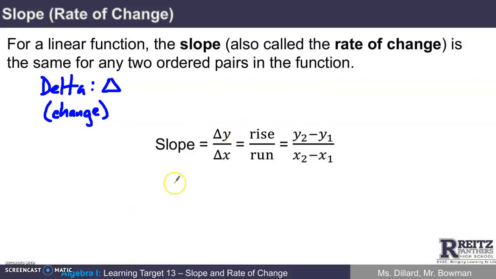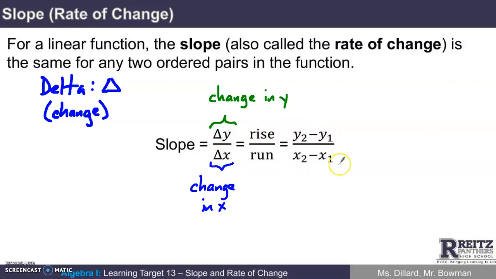So when I talk about delta x, I mean the change in x. How much does x change by from point to point? When I talk about delta y, I'm talking about the change in y. So one way to think about the slope of a linear function is how much does y change by every time over how much does x change by every time. We'll talk about some more of these different flavors of the same definition later on in the learning target. This is the one I want to roll with today.